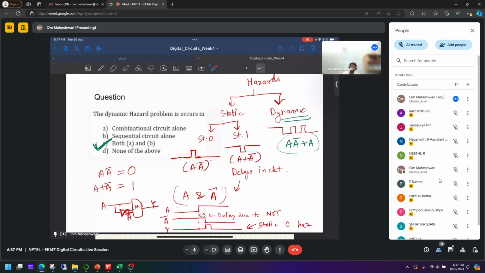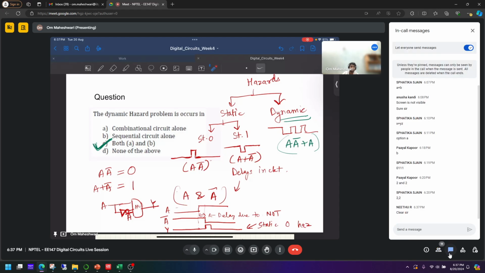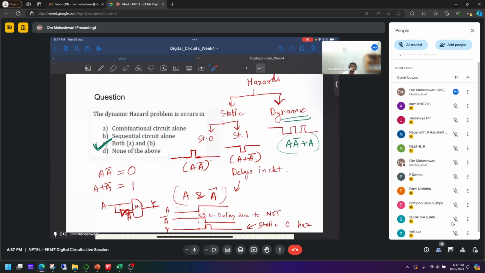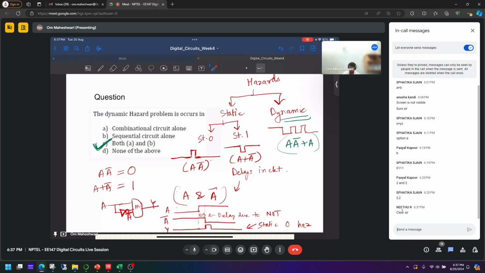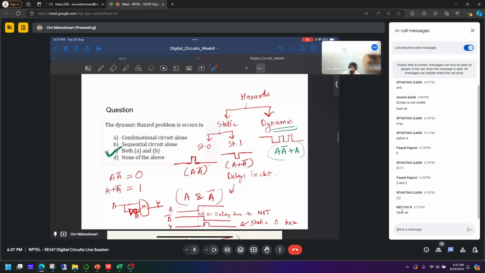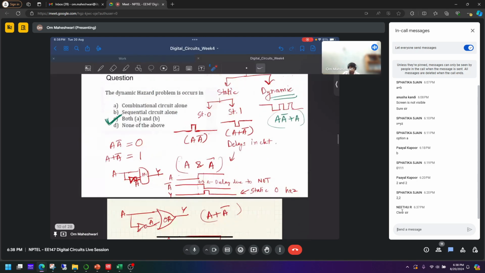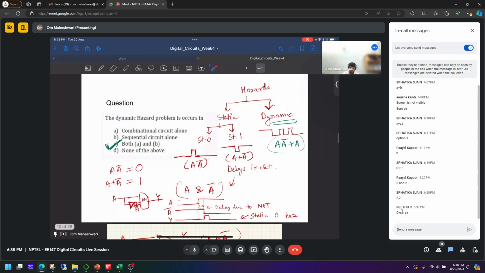So your answer C is correct. Thank you, Neeta. Okay, so let us move on. I just introduced this because we will be using this information in some future questions. Just small things to remember.